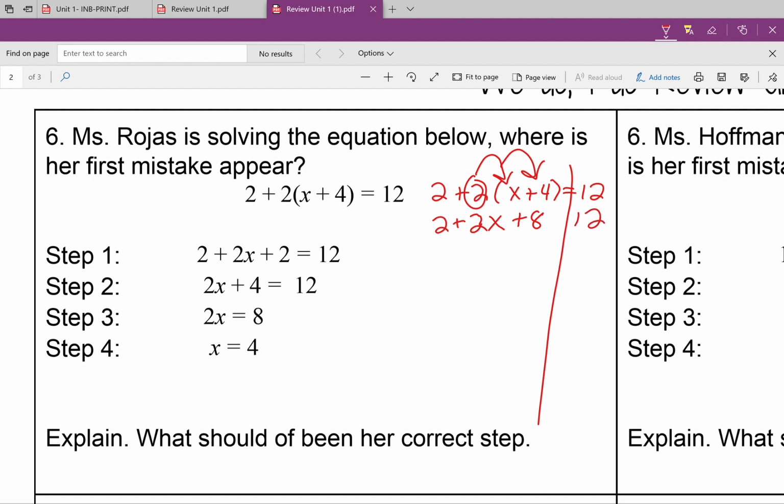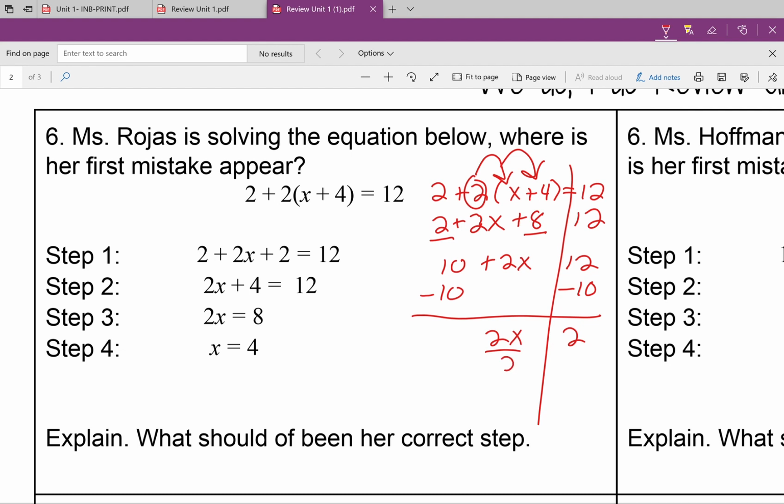Okay, so that was my first step. The next step is to combine like terms. So I have 2 and 8, which is 10, plus 2x, bring down the 12. Then I'm going to subtract my 10 to get all my numbers on one side. So I'm left with 2x on this side and 12 minus 10, which is 2.